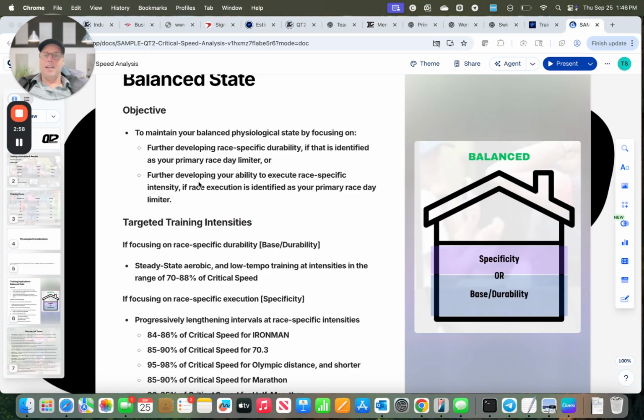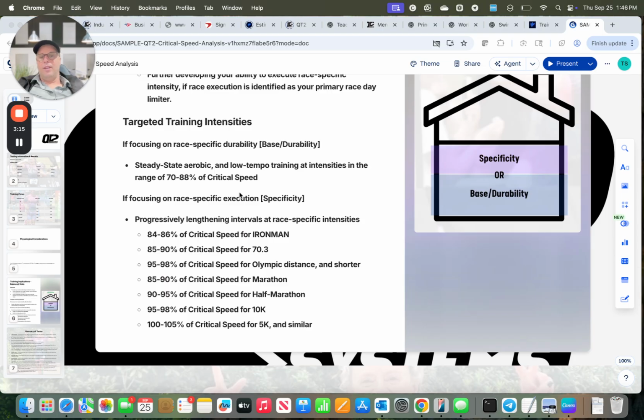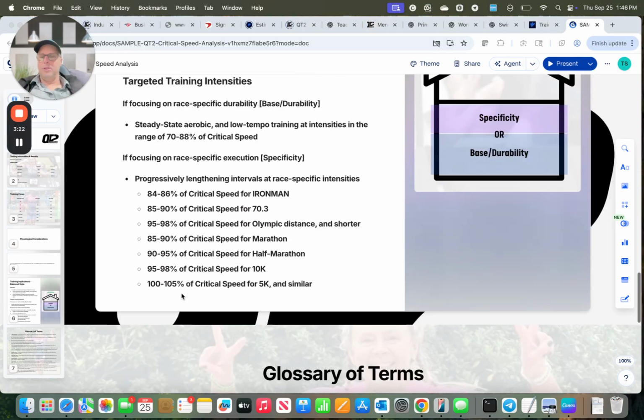Or if you are an athlete whose primary limiter is going to be race execution for that race distance, then you may want to enter into a specificity block of training. And this helps to define what the training intensities might be dependent upon the race that you would be doing.